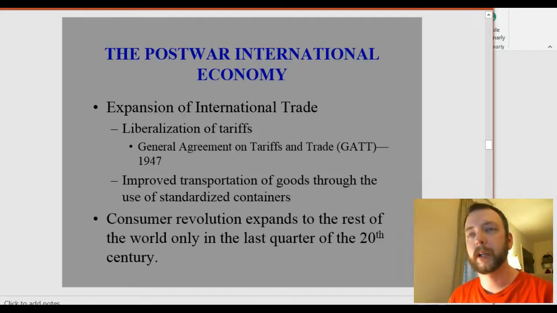And we want to start by saying that there is an expansion of international trade after World War II, mostly in consumer products. This had existed. Consumer products were traded before the war, but it really explodes after the war. The trade in consumer products really collapsed during the Depression.